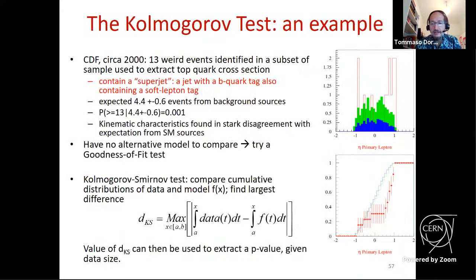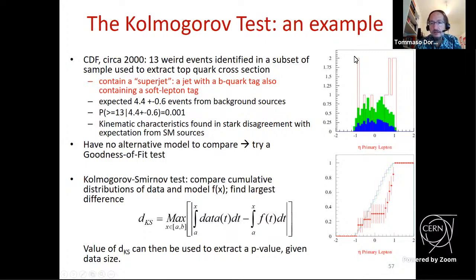So here I have an example of a Kolmogorov test that arises in a historical analysis of the CDF experiment. And this, on the top right, is the rapidity of a charged lepton of high momentum in CDF data collected in run 1, so 25 years ago.